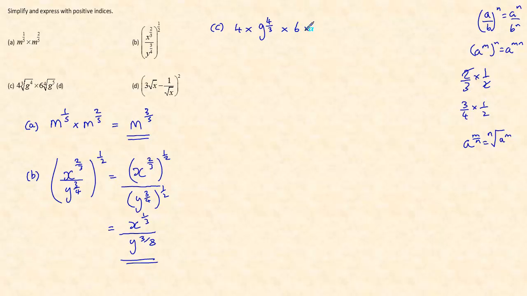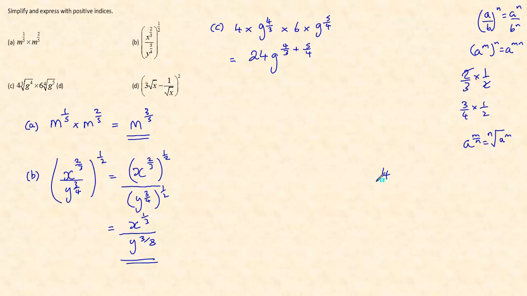Multiplying that by 6 times, on the same basis, g to the 5/4. So the 4 times 6 is easily dealt with, that's just 24. And then we're going to have g to the 4/3 add 5/4.